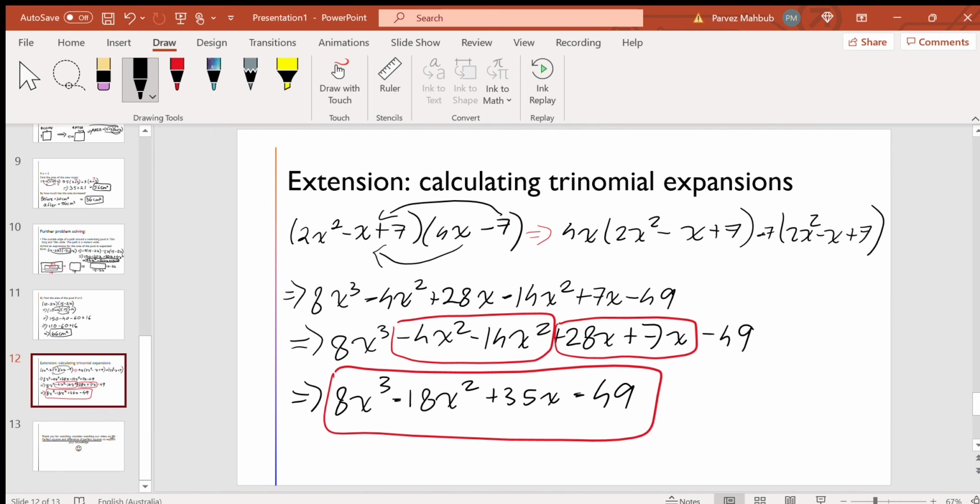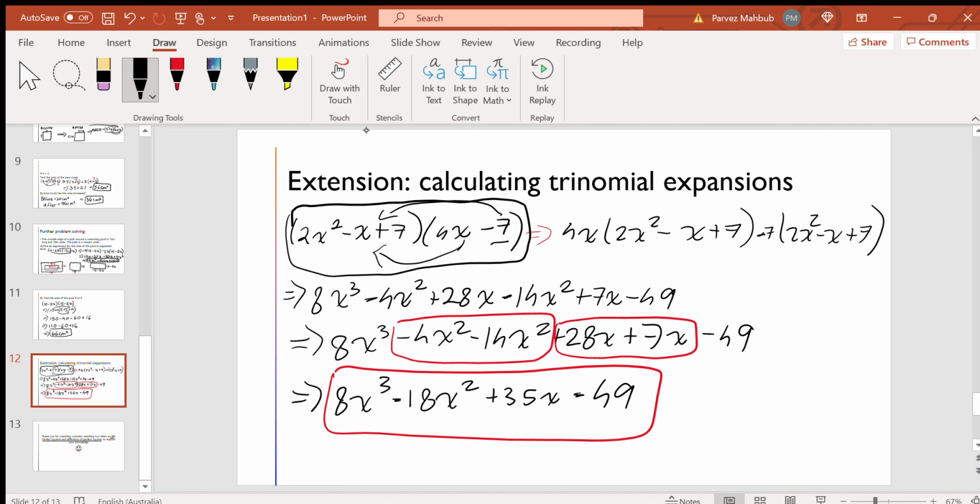And let's do the extension. I'll explain this question to you. Basically, to calculate trinomial expansions, we use the same logic applied as before. We multiply this term with this term, and this term with this term.